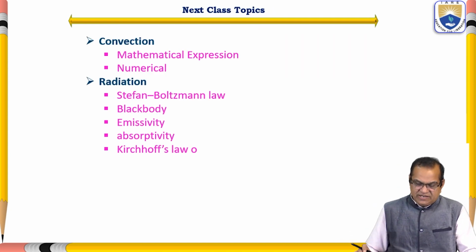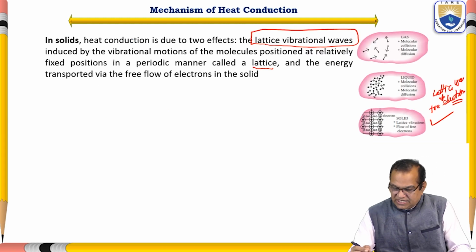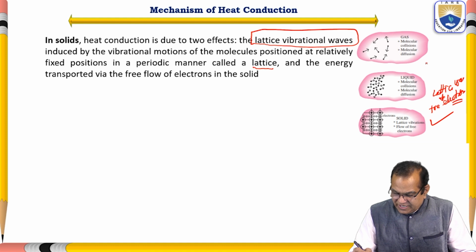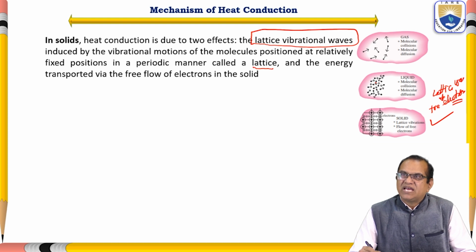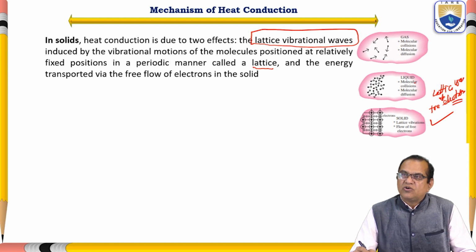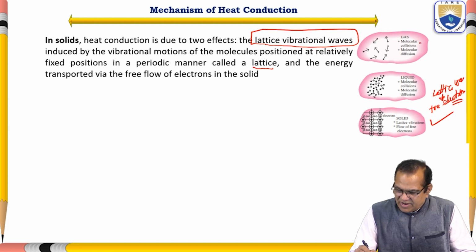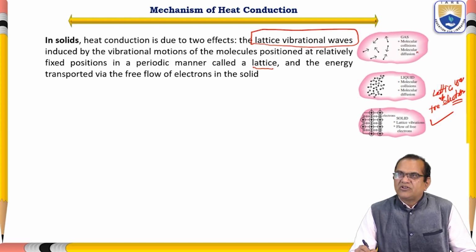If you see the liquid, in the liquid there is molecular collision between the molecules, and then molecular diffusion. In the gases also, it is by molecular collision and molecular diffusion.